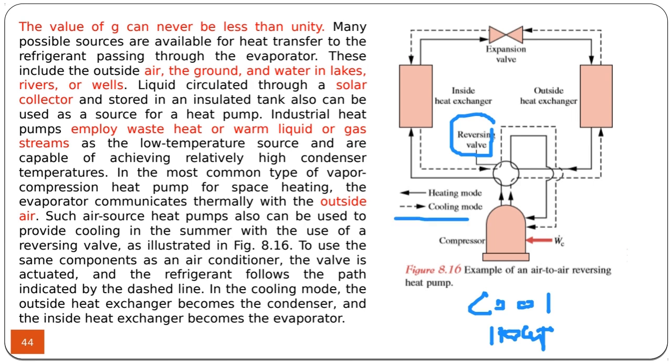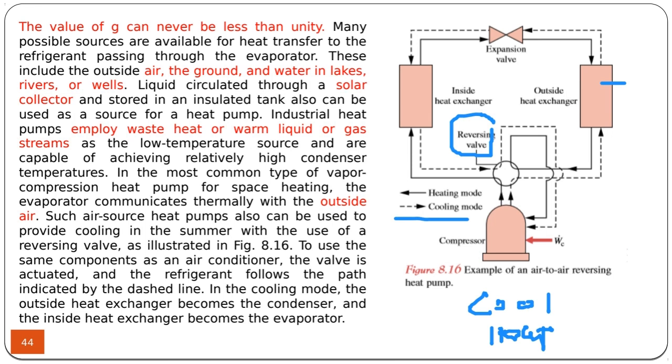In this case, the compressor exit is sent to the outside unit. So this is when the air conditioner is used as a cooler. Then the exit of the compressor is sent to the outside unit. In the exit of the outside unit, which is now a condenser, we have a saturated liquid.